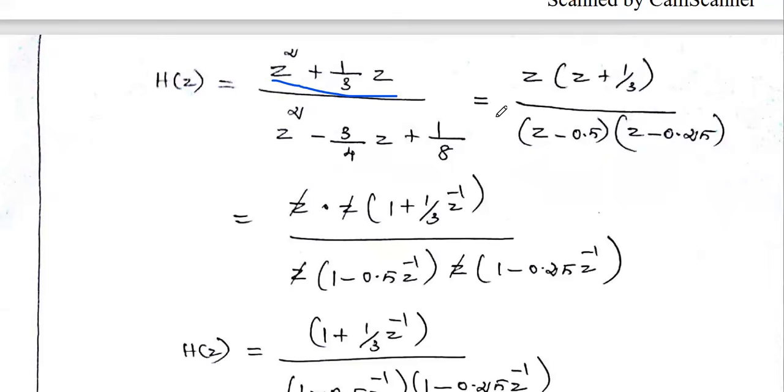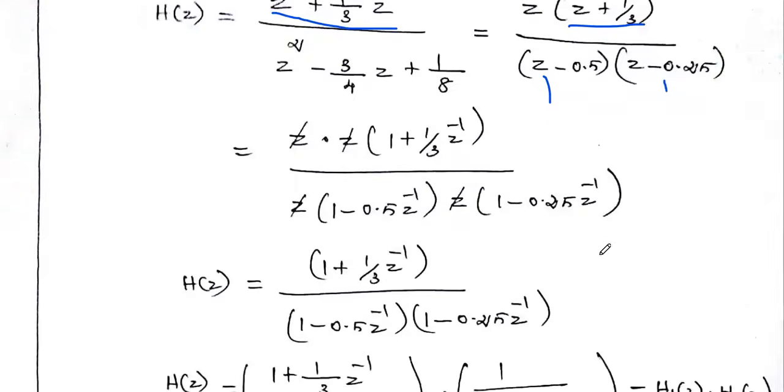Okay, now again we have to convert the positive z into negative z. From the numerator term, we take one z as common, so we can write 1 plus 1/3 z inverse. Similarly, from each term in the denominator, we take z as common: in the first term we write 1 minus 0.5 z inverse, and from the second term we write 1 minus 0.25 z inverse.